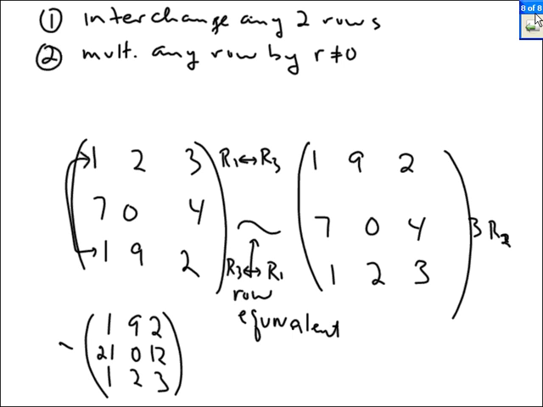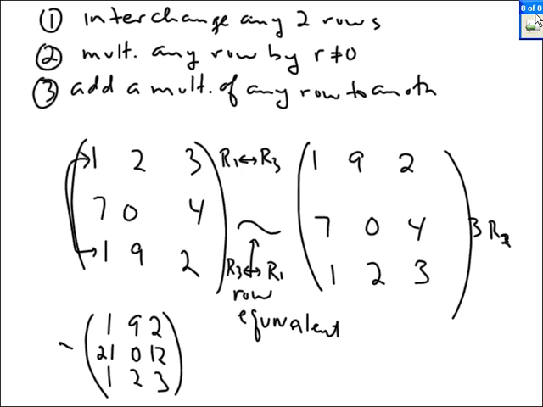The third elementary row operation is you can add a multiple of any row to another row. In other words, we can replace the first row with row 1 plus 2 times row 3.